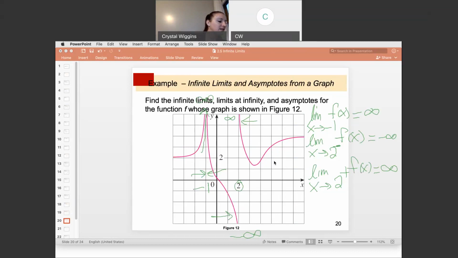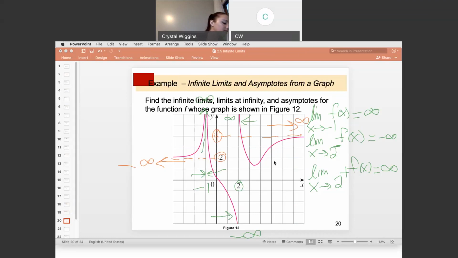Now let's take a look at where we are approaching infinity on the x-axis and then approaching a value for the limit. If we approach negative infinity on the x-axis, I can see that the limit is 2. And if I approach infinity on the x-axis, then my limit looks like it would be 4.